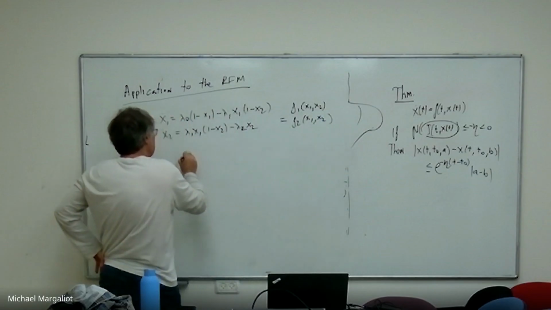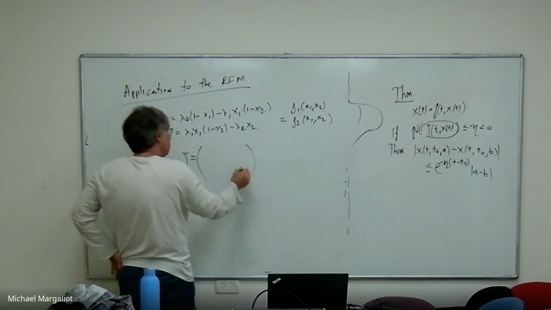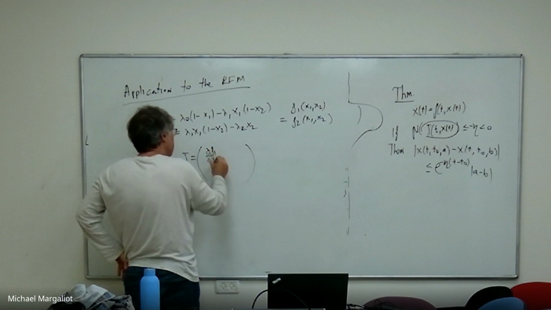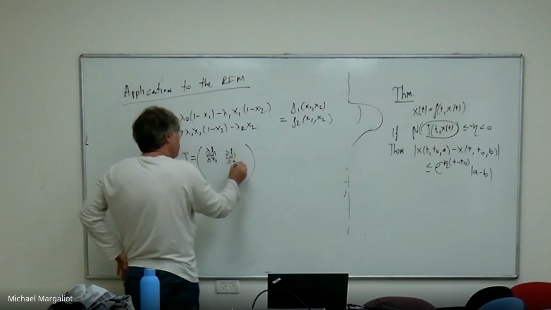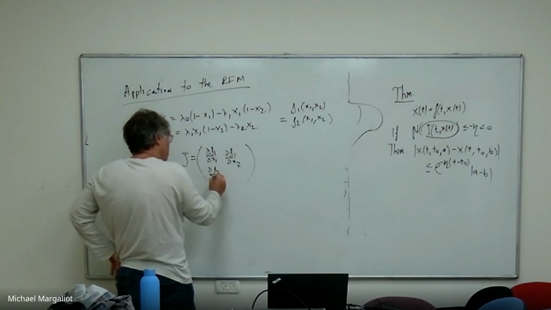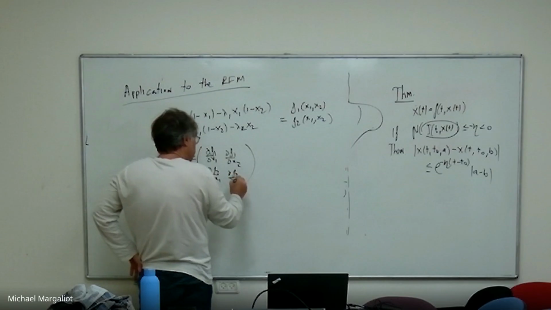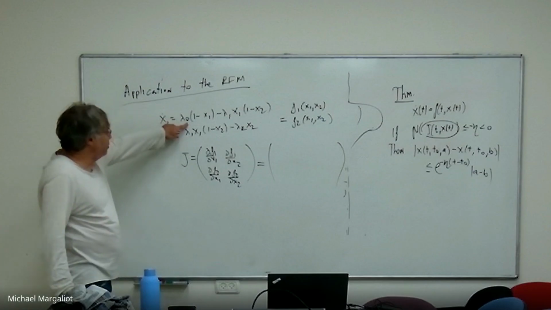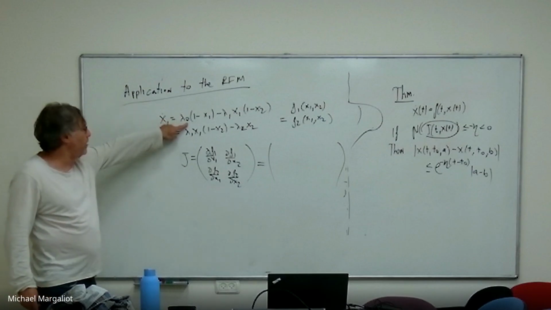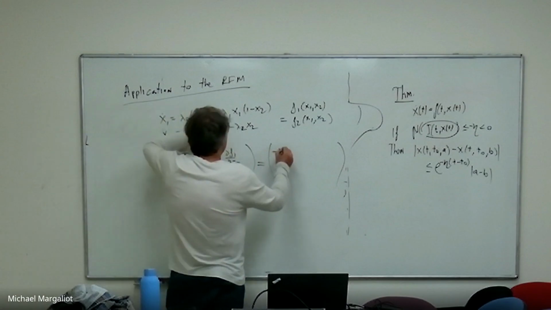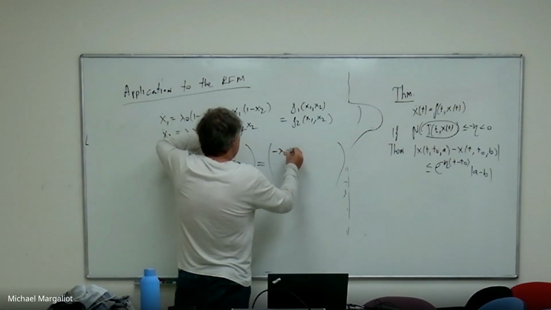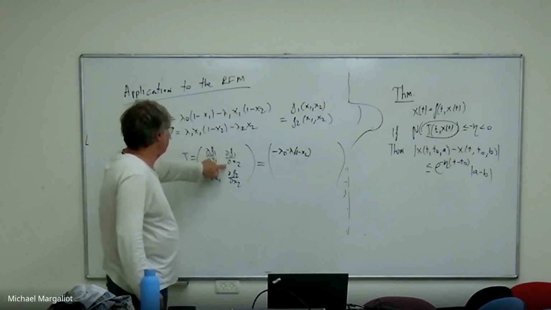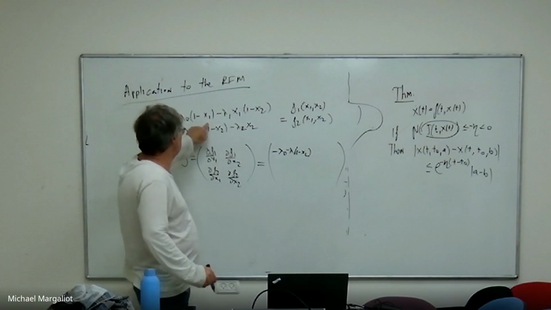So the first step is to calculate the Jacobian. What was the Jacobian? It was df1/dx1, df1/dx2, df2/dx1, df2/dx2. So let's make the calculation. I have to differentiate this with respect to x1. I get minus lambda 0, minus lambda 1, times 1 minus x2. Now I have to differentiate this f1 with respect to x2.